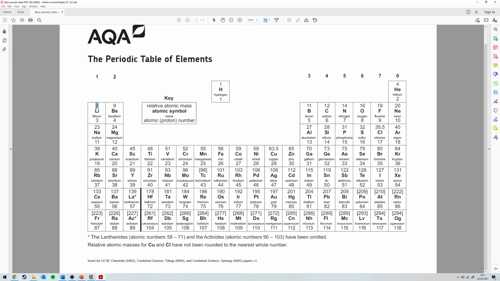If you look here, let's look at lithium. The relative atomic mass is on the top and the atomic or proton number is on the bottom. In the American ones, it's flipped the other way around. So it's confusing if you get the wrong type. So where possible, use this one.